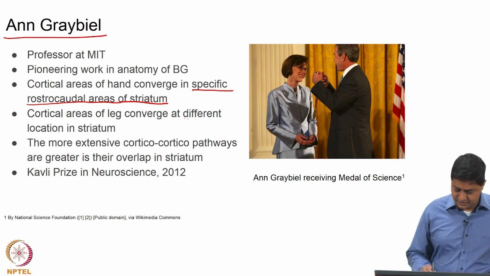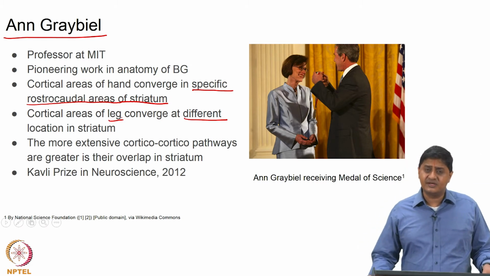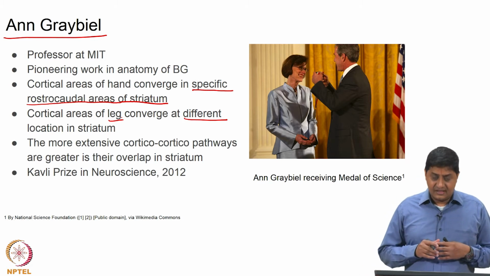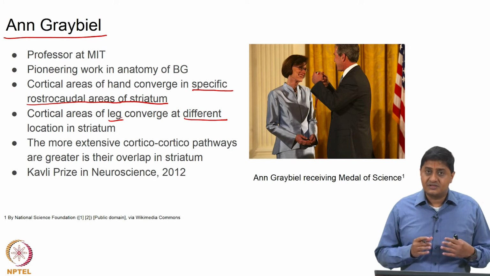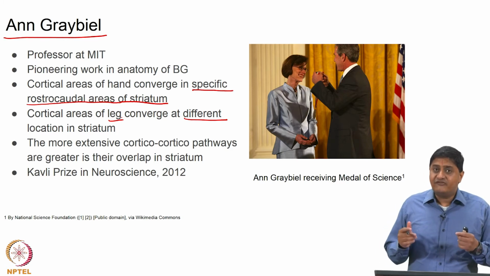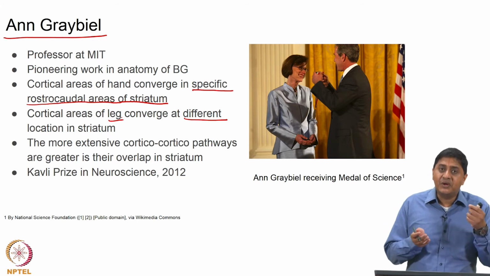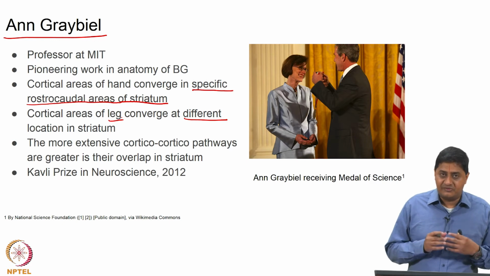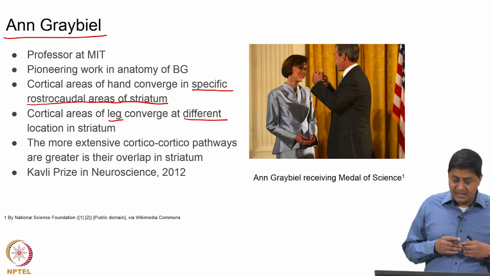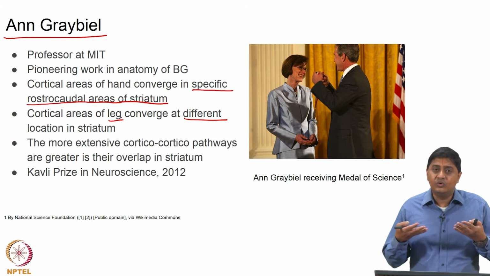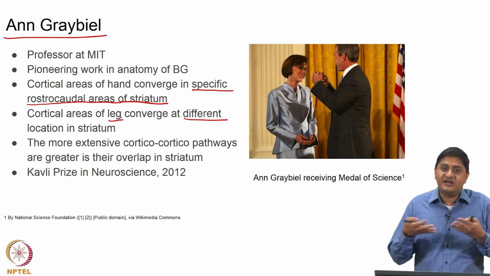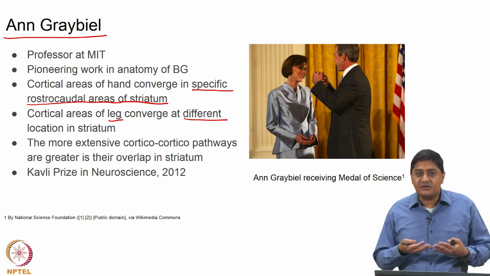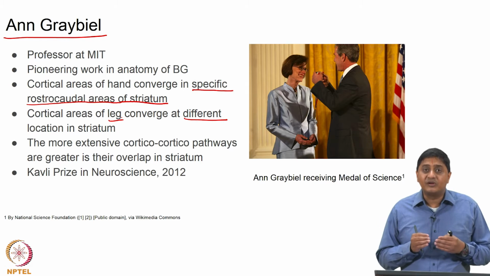Okay. And what she has also found is that the more extensive the cortico-cortical projections, not the corticostriatal projections, that is, if the network within the cortex is well developed or more extensive, then their overlap, if two areas in the cortex are well connected, then their representations in the striatum are also overlapping to a greater extent.